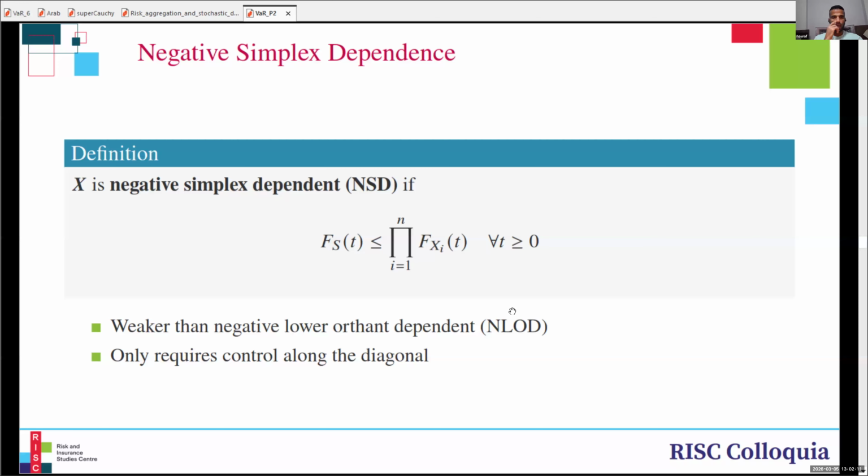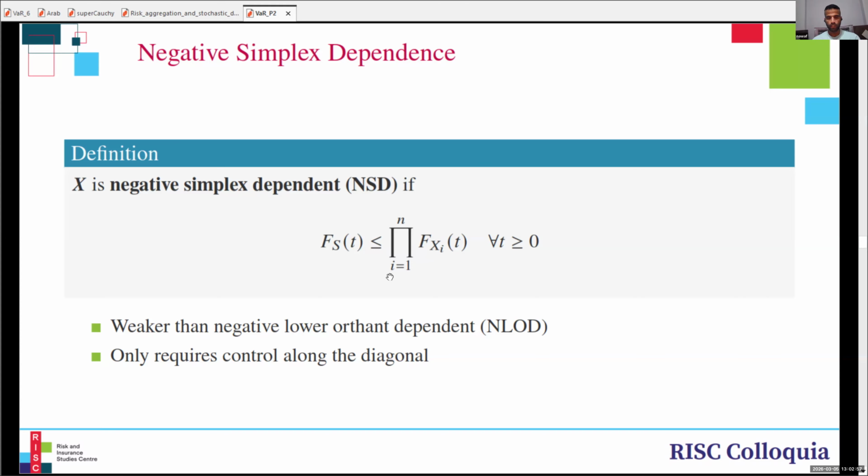And the first condition deals with the dependence structure. We say X is negative simplex dependent if the CDF of the sum is less or equal than the product of the CDFs, the marginal CDFs. So that is a concept of negative dependence. This definition is weaker than the negative lower orthant dependence, which is a form of negative dependence which states that the joint CDF must be less or equal than the product of the margins.